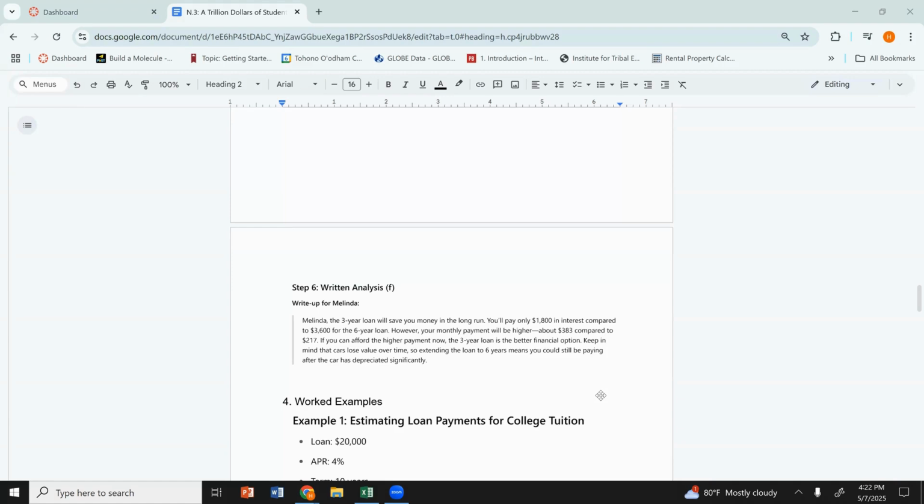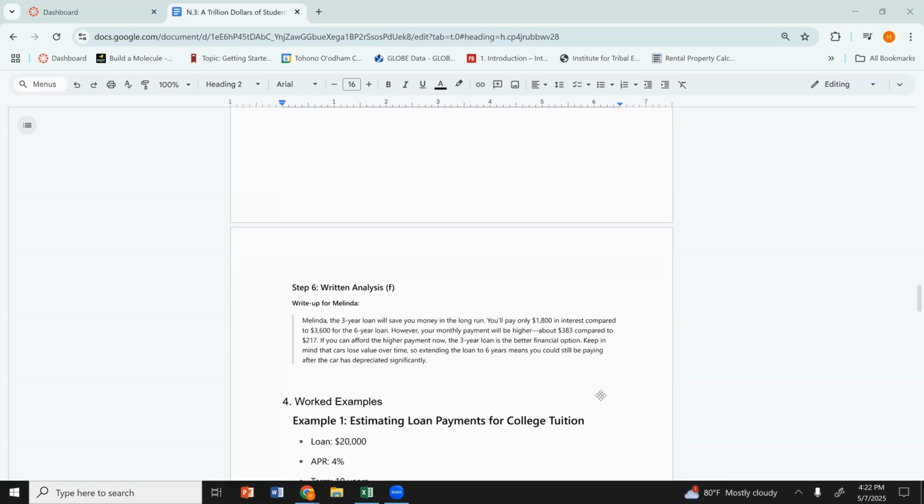goes down over time. So if you choose a longer period of time to pay, by the time you pay it off, the value of your car might be significantly lower. So just to keep that in mind. Extended payment can lead you to have a car that is much lower in value than what you paid.